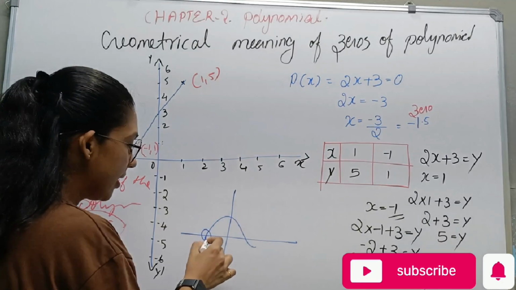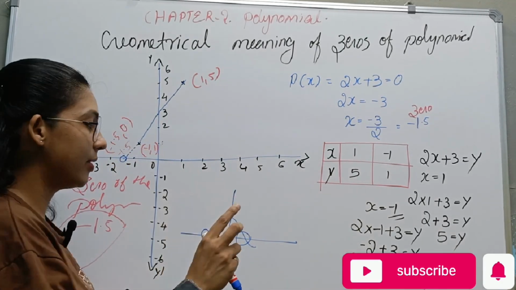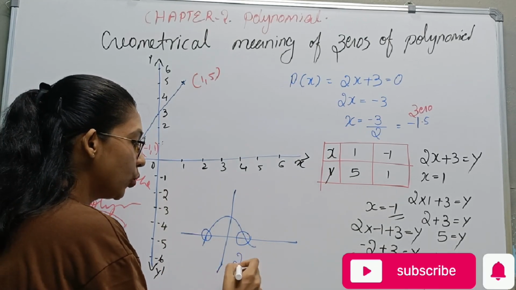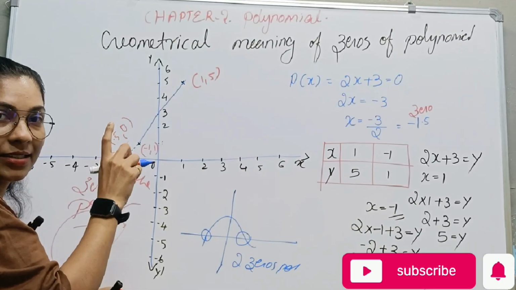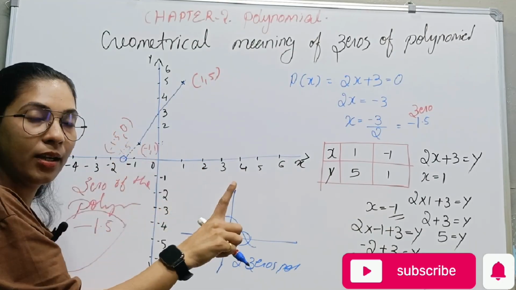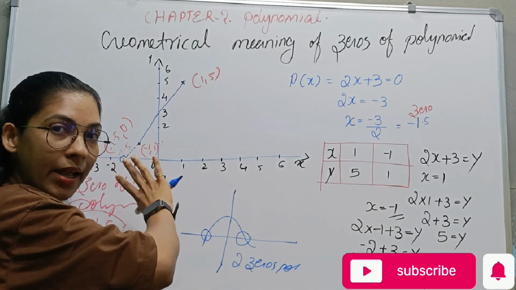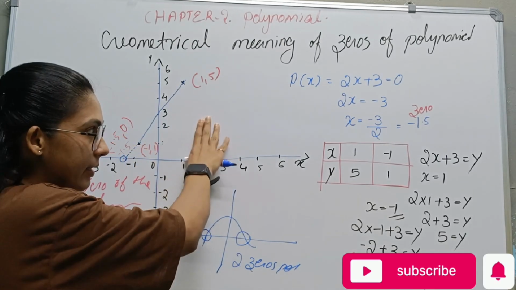Here the line touches 2 points on the x-axis. Then we can say that there are 2 zeros of the polynomial. In this case the line touches only a single point on the x-axis. Then we can say that there is only 1 zero of the polynomial in this case.